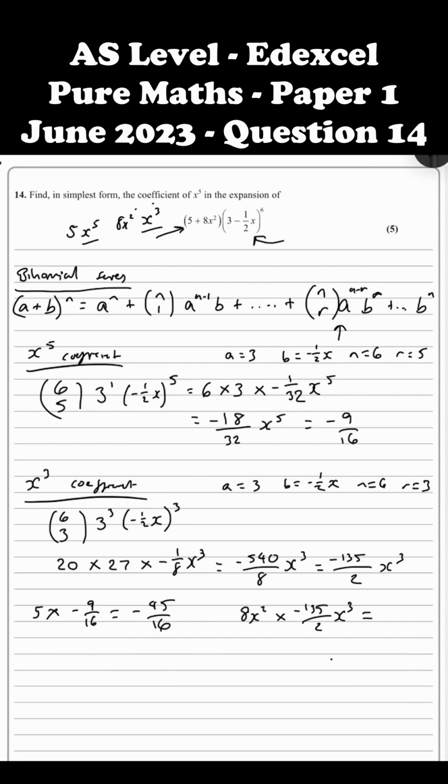So that comes out as 540 again, could have guessed that, x to the power 5, and that is still a minus. And that's also x to the power 5. Now we just need to add them together. So minus 540 minus 45 over 16, minus 8685 over 16 x to the power 5.